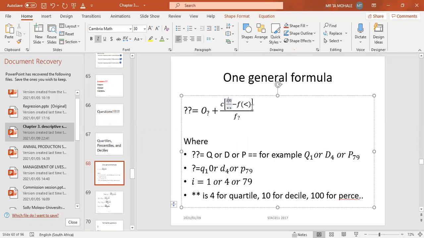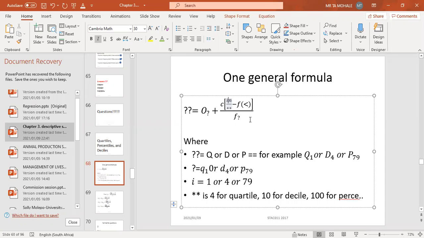So your F less than is still the same: the cumulative frequency preceding the decile interval, percentile interval, or quartile interval. And then F is the frequency of that particular parameter, the frequency of the percentile, decile, or quartile.